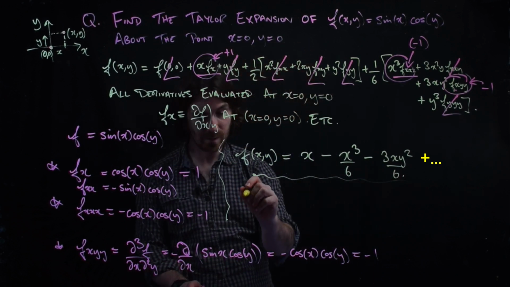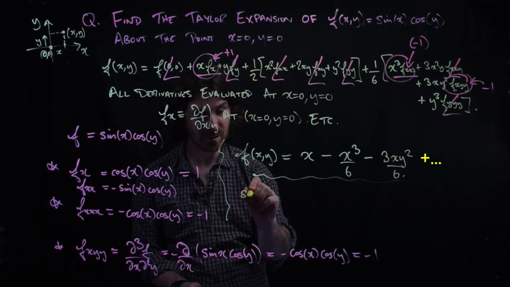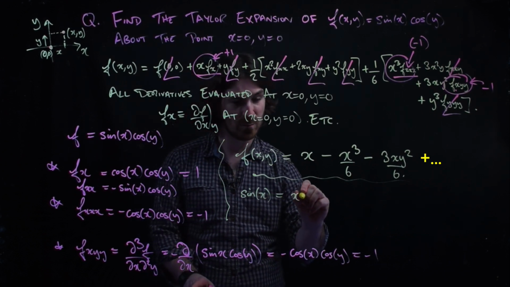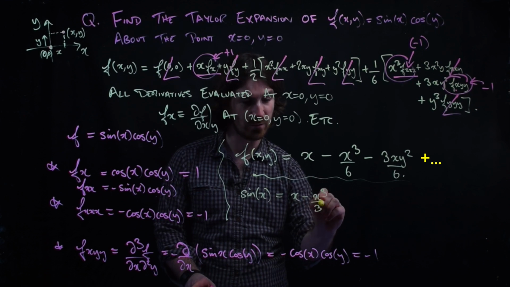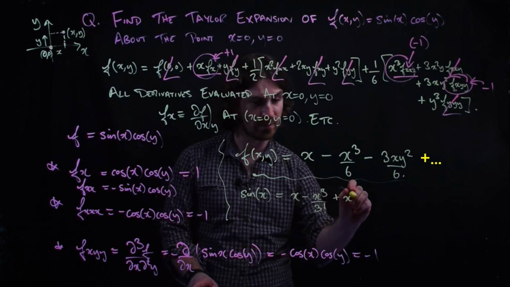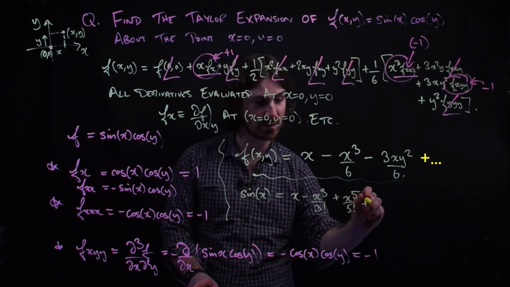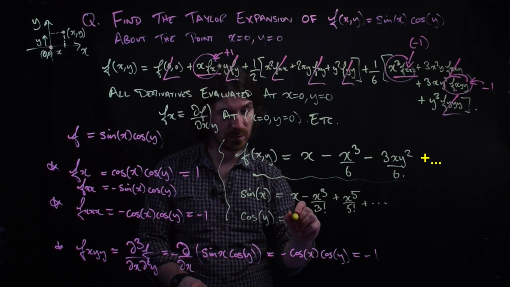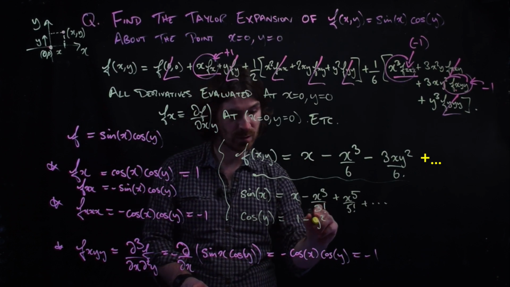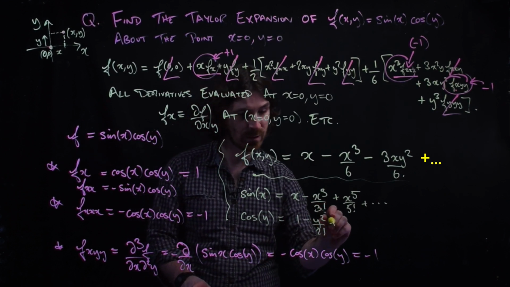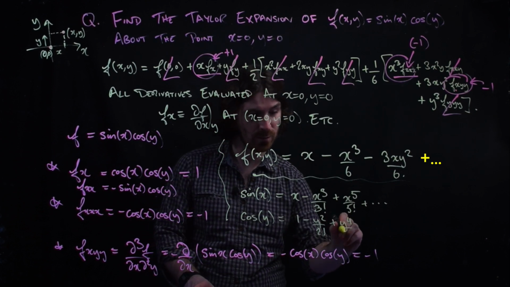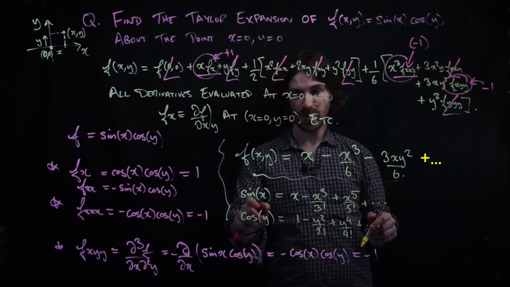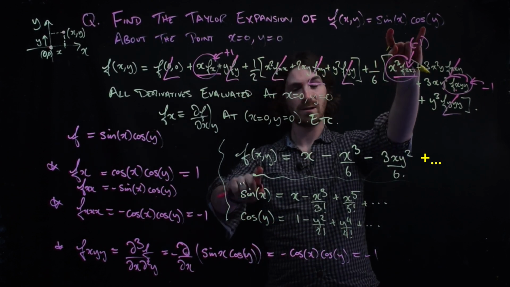Let's think about the Maclaurin expansion of sine x. It's equal to x minus x cubed over 3 factorial plus x to the 5 over 5 factorial plus, and cosine y is equal to 1 minus y squared over 2 factorial plus y to the 4 over 4 factorial plus. Okay, so we can write the function sine x cosine y.